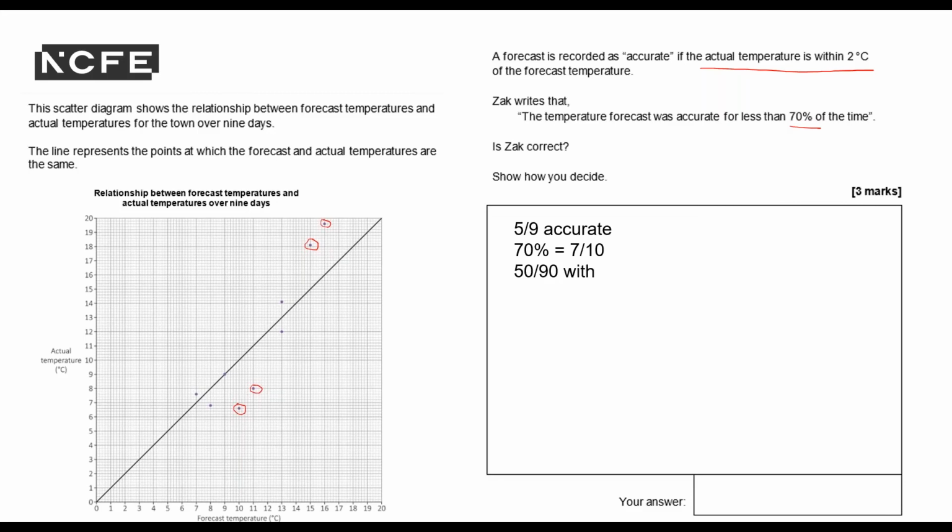I know 9 sevens are 63. And so the amount that are accurate is less than 70%. So yes, Zach is correct. So I do need to make sure, since that's what it's asking me to do, that I do pop that into the answer box. Yes, he is correct.